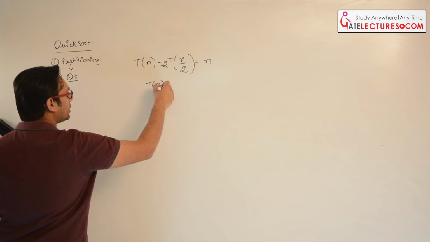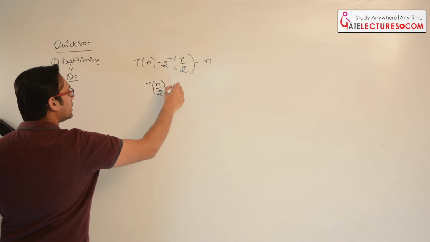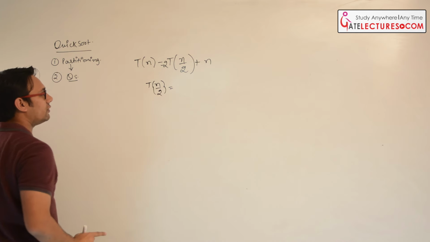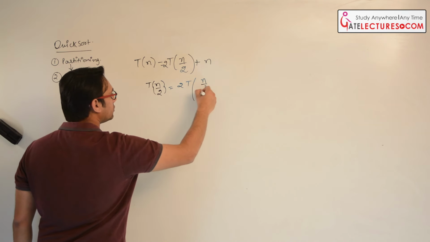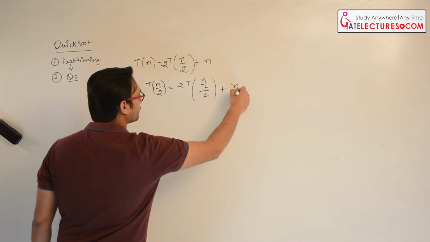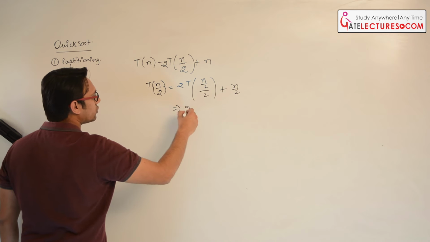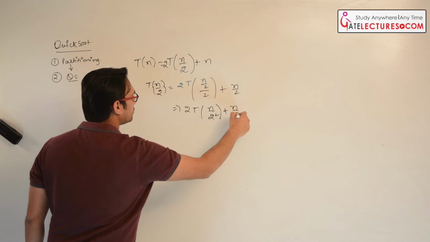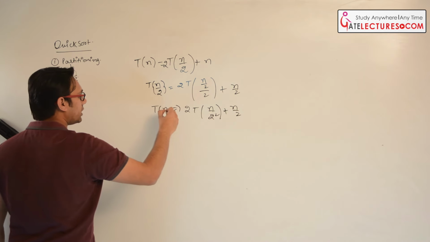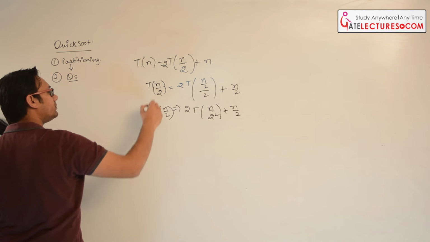So T(n/2), in every case, just put the value n/2. So we are going to get 2 into T(n/2^2) plus n/2. This is the value of T(n/2). Now put this value here.